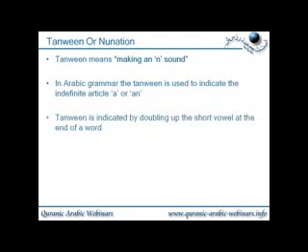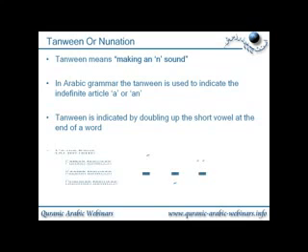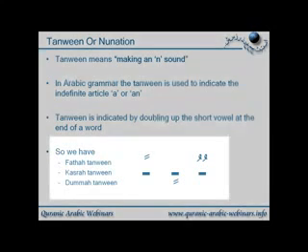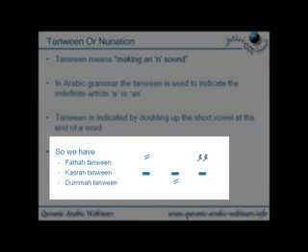Tanween is indicated by doubling up the short vowel at the end of a word. So you'll see the Tanween at the end of a word, and here are a few examples. We've got the two dhammas, so that's a dhammatain, and we've got the two kasras and the two fathas. So terminology wise, at the moment we'll call these fatha tanween, kasra tanween and dhamma tanween.